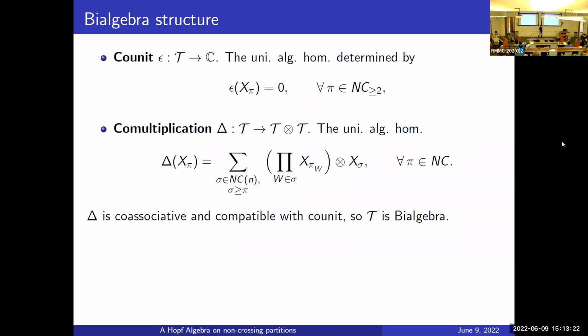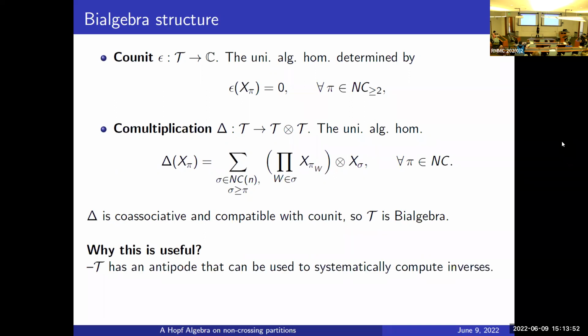It's also compatible with the counit, which is also not so hard to see. The compatibility with the counit is the fact that in this sum, you will always have x1n on the right-hand side because sigma 1n is always bigger than pi, and on the left-hand side, you can also get a unit there. That's basically the explanation of why it's compatible with the counit. And okay, so now I have a bialgebra.